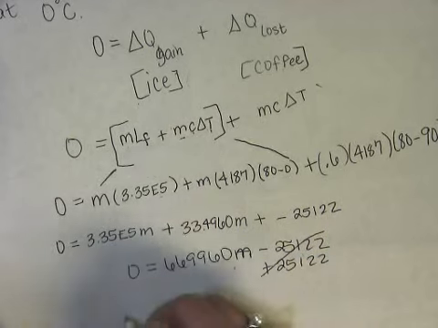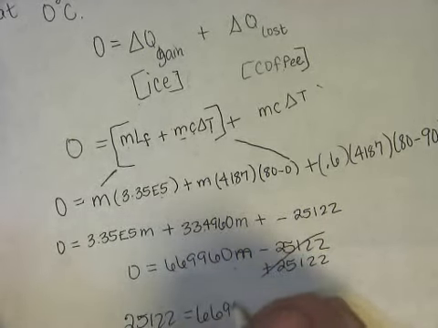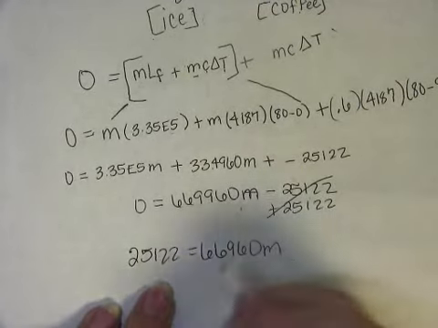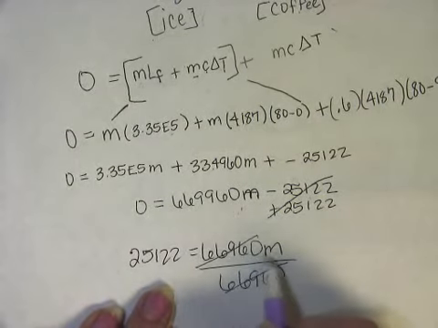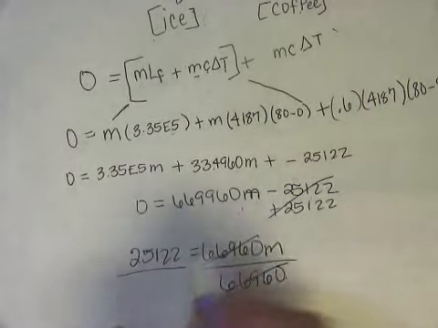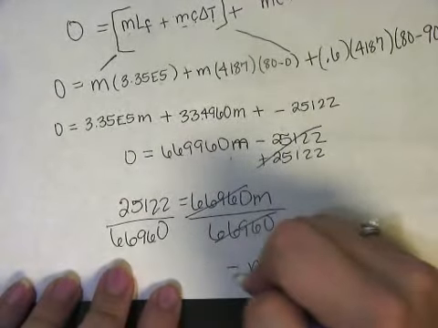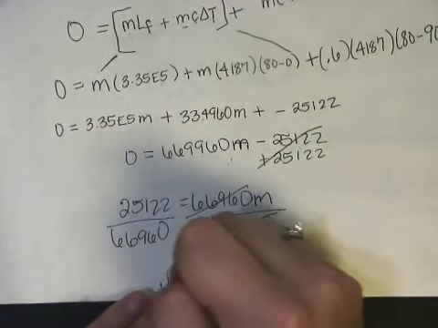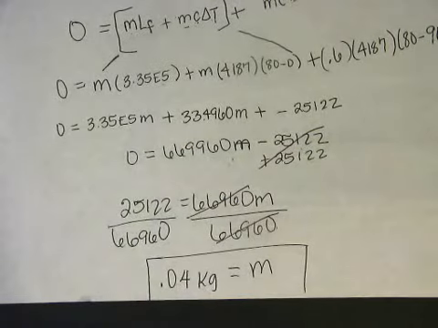Whatever I do to one side of the equal sign, I do to the other. To solve for m, I'm going to divide to cancel out that multiplication that's going on here. And whatever I do to one side, I do to the other. And so the mass of my ice is 0.04 kilograms. And that's it.